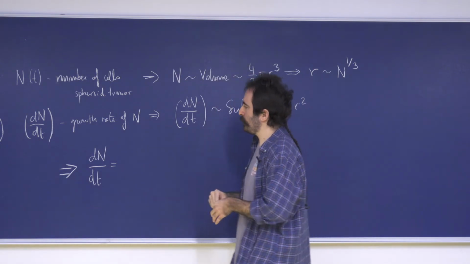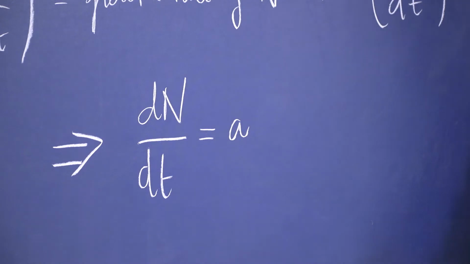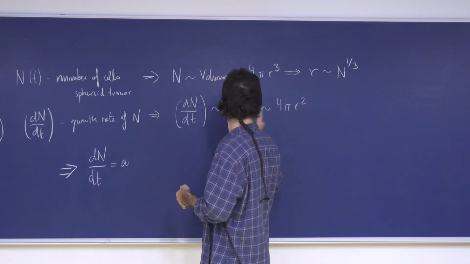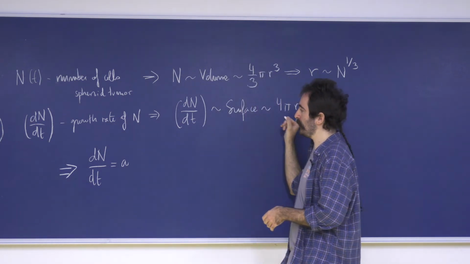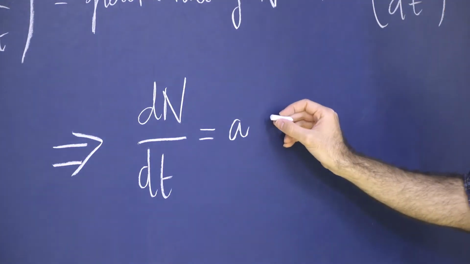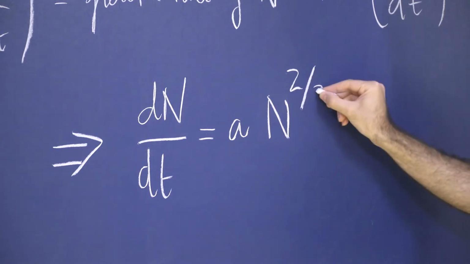Allow me to already introduce here a constant that can be obtained by adjusting from the data. We're going to call this constant A without loss of generality. And notice that here I had r to the 2. Therefore, if I plug this relation over here, I'm going to have something like N to the power of 2/3.